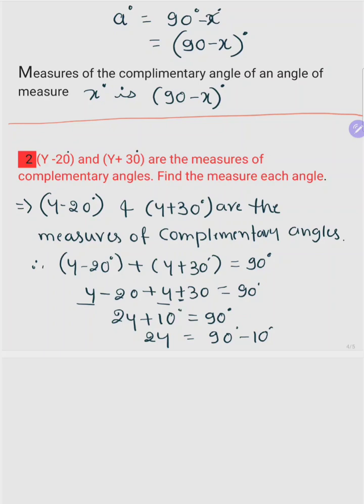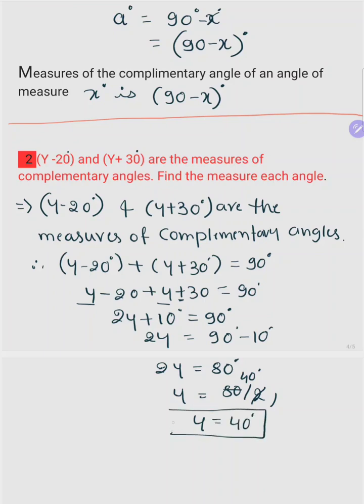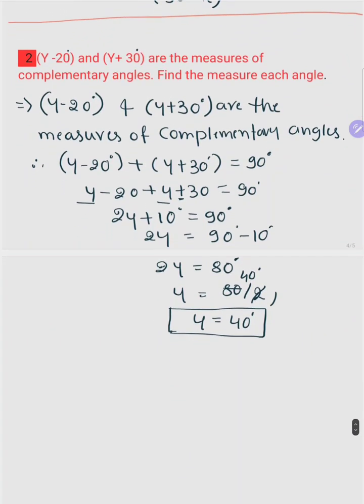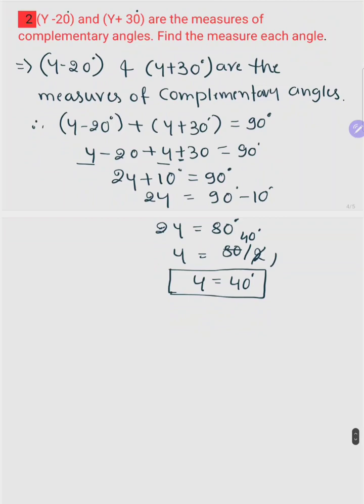So how much is it? 80 degree. 90 minus 10 is 80 degree. Then y is equal to 80 degree upon 2. 2 fours are 8 and 0, and y is equal to 40 degree. So here we find the y.